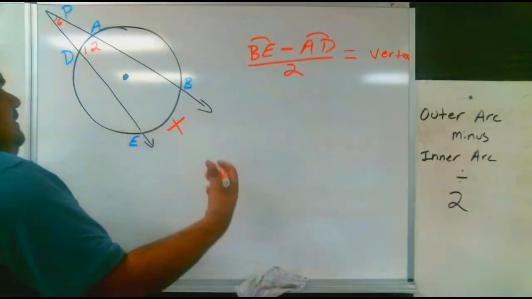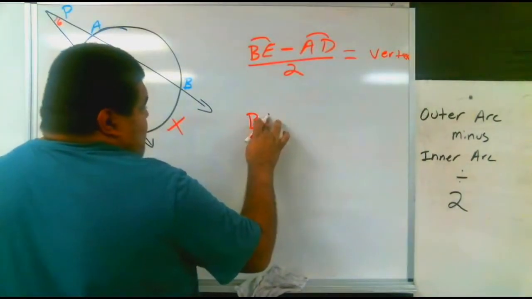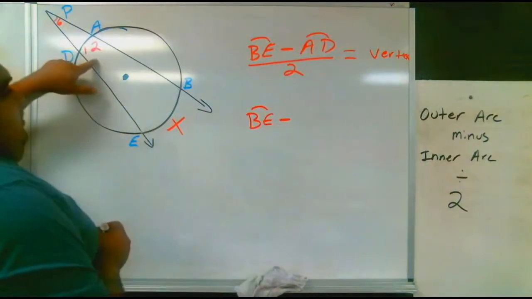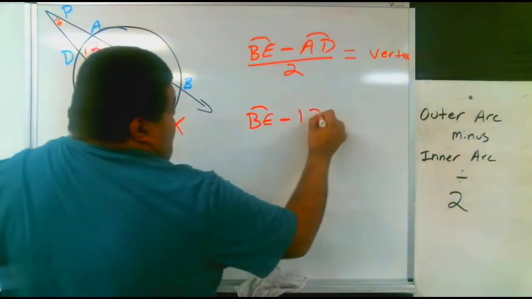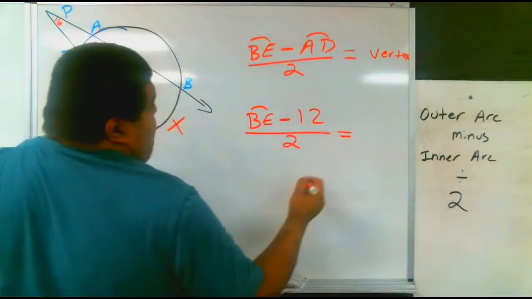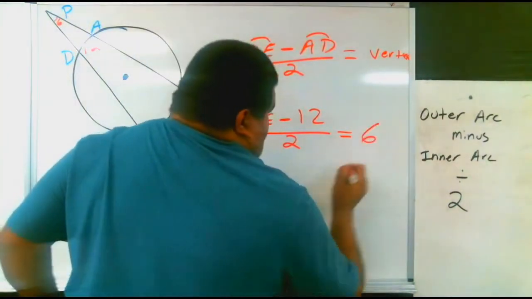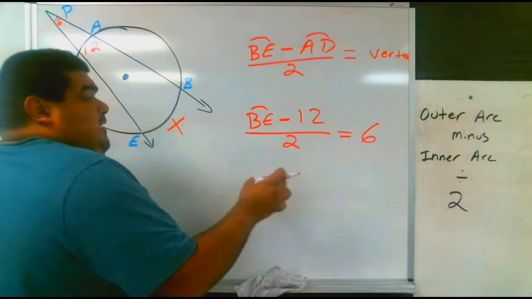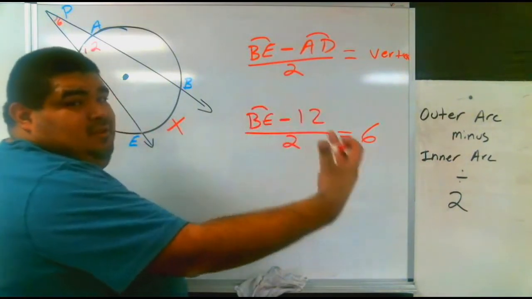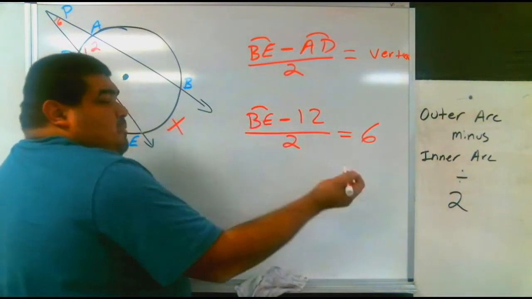So now we're going to do the opposite. If we want to find the outer, we're going to say BE minus AD, which in this case is 12, divided by 2, equals our vertex, which in this case is 6. If we wanted to find BE, all we have to do is the opposite. To get rid of the 2, it's been divided, so the opposite is multiplication.